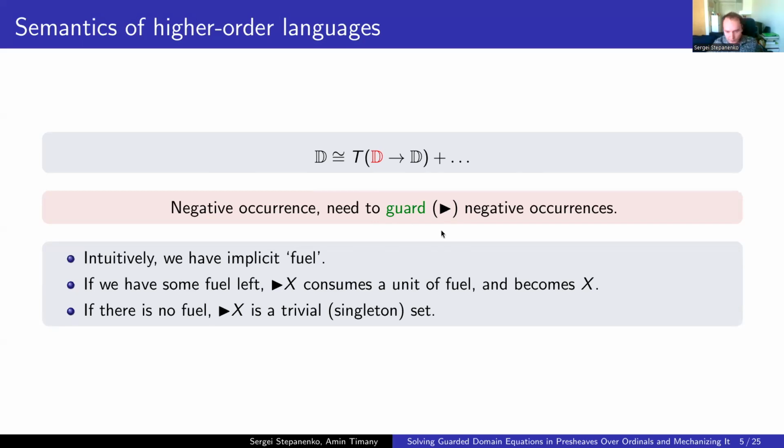And if you are not familiar with guarded type theory, the intuition behind it is that instead of considering D to be a set, you consider it as a set in the context of some fuel, and whenever we step under a later modality, we consume a unit of fuel. If we are out of fuel, then it becomes a trivial set.